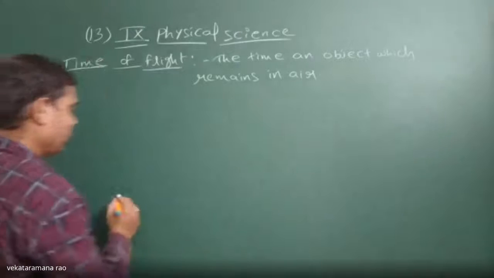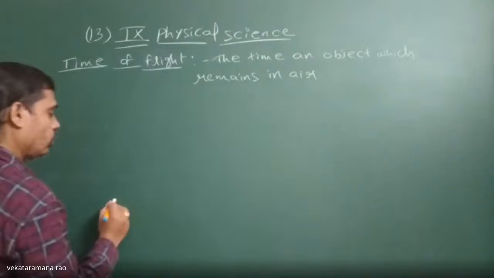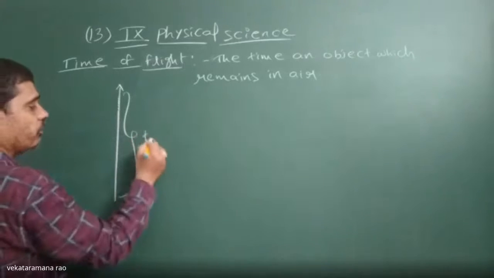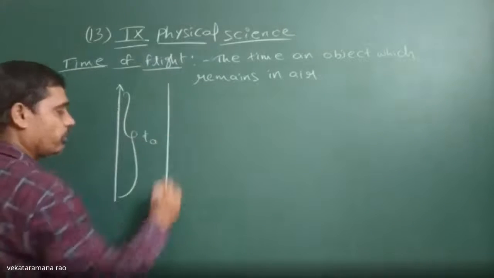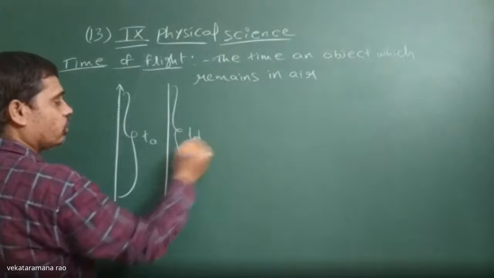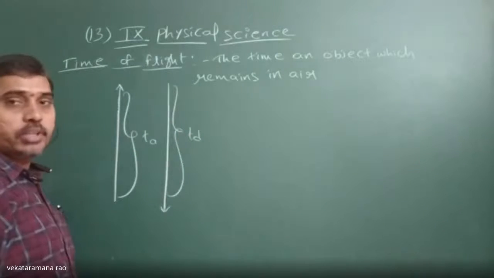If a body is thrown upwards, how much time will it be in air? That we call the time of ascent. From the same height if you drop it, we call it the time of descent. So totally how much time will it be in air?